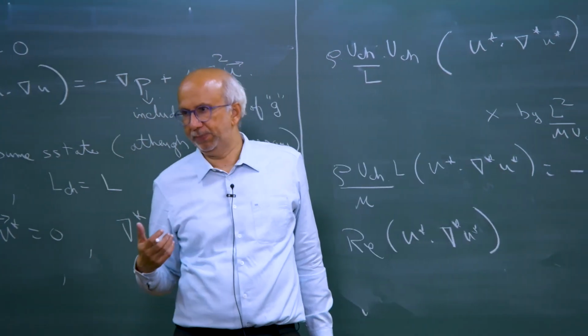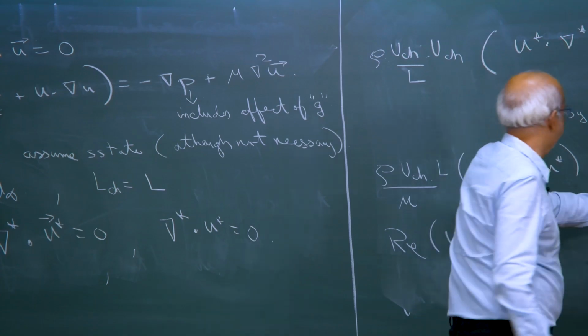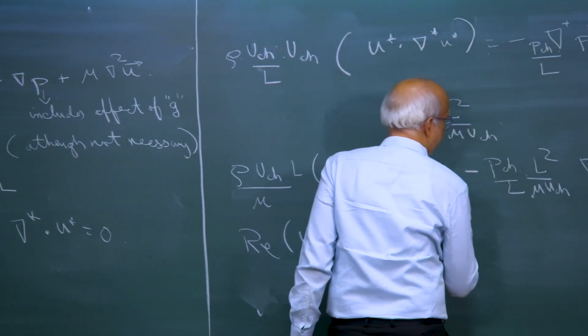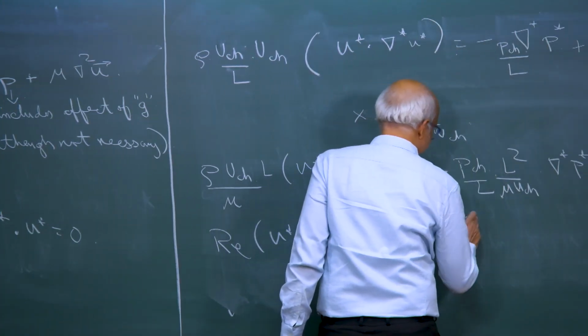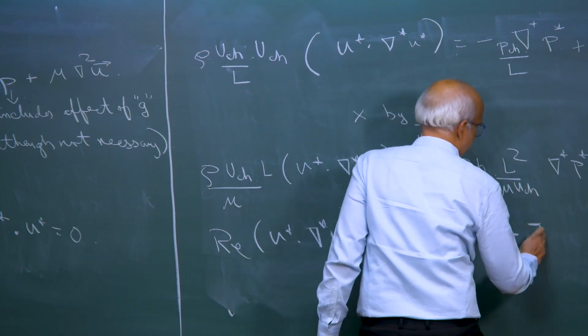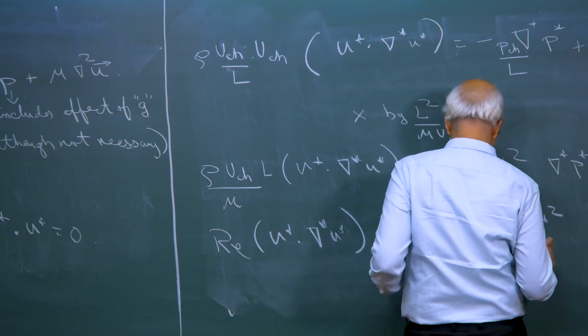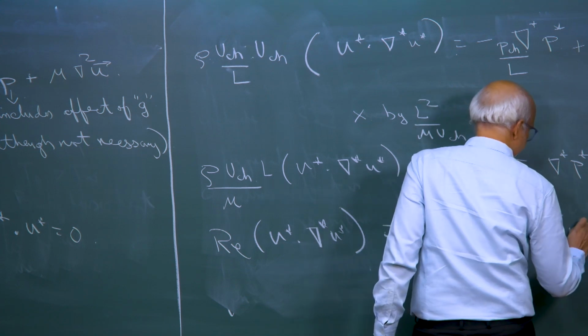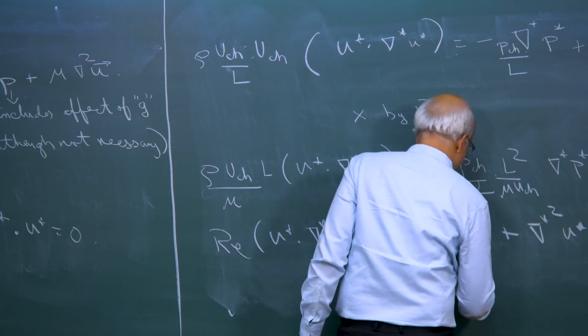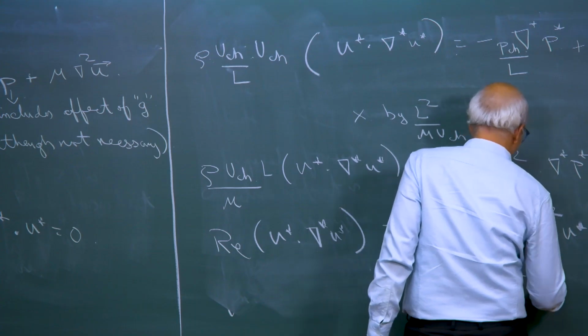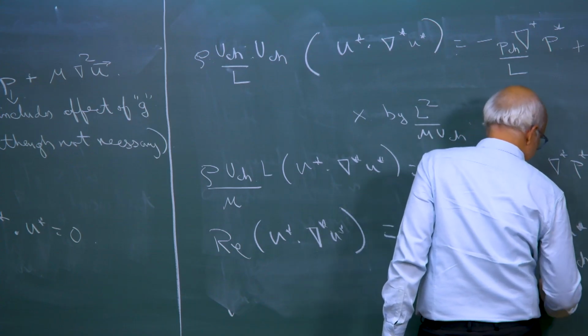So, I can choose my PCH such that this coefficient becomes 1, I get minus del star P star plus del star squared U star, for PCH equal to mu UCH divided by L.